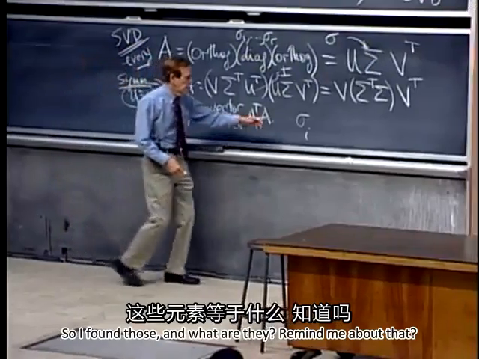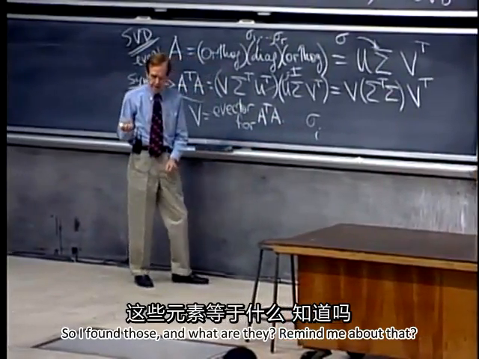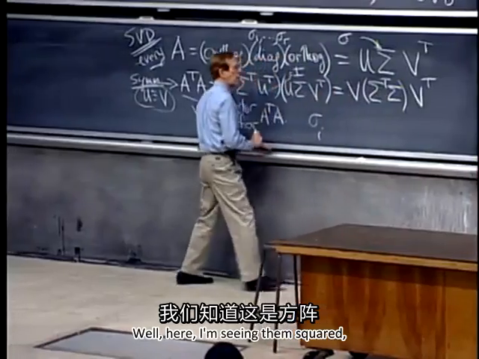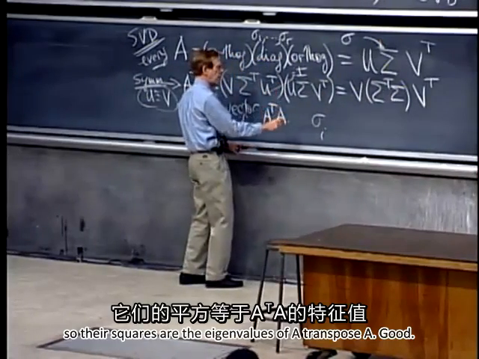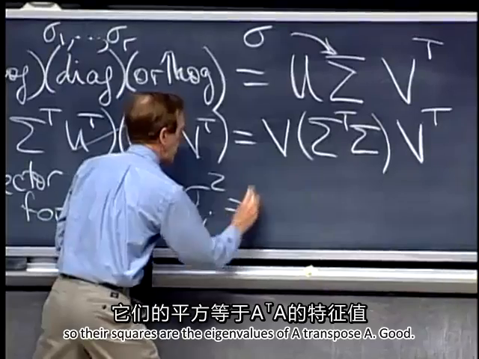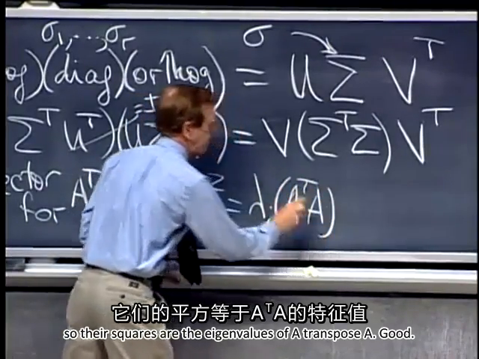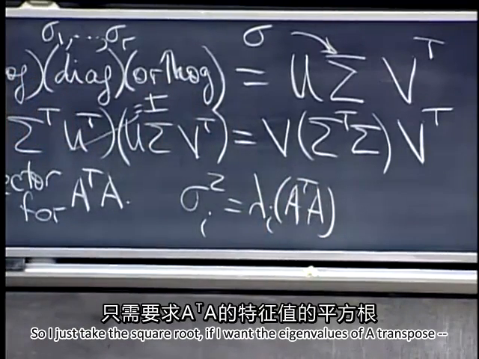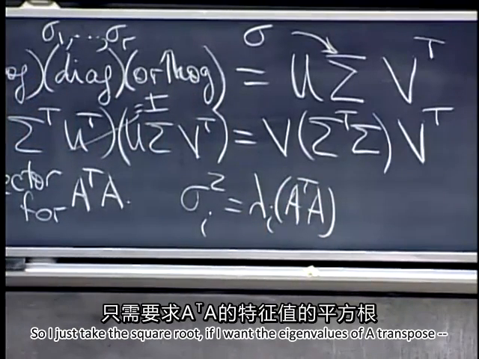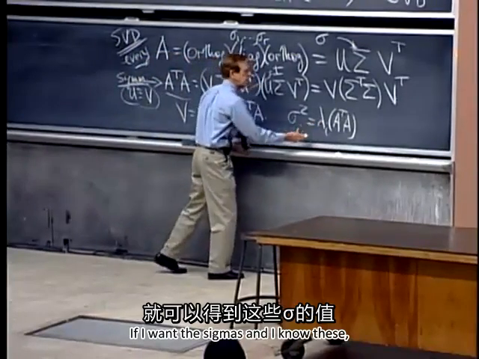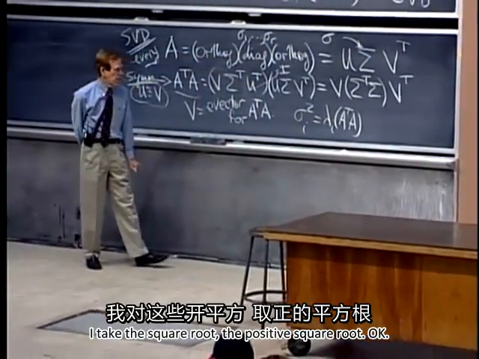So I found those, and what are they? Well, here I'm seeing them squared. So their squares are the eigenvalues of A transpose A. Good. So I just take the square root, the positive square root.